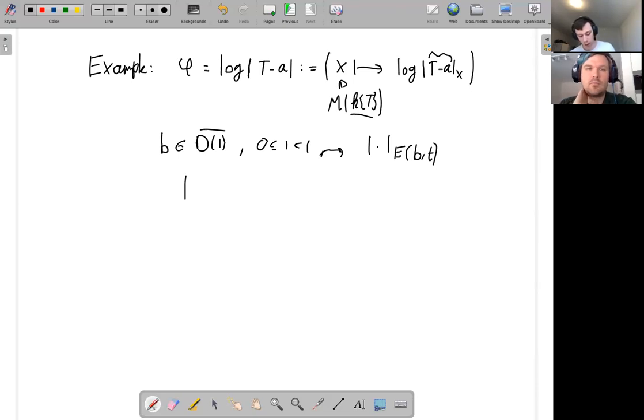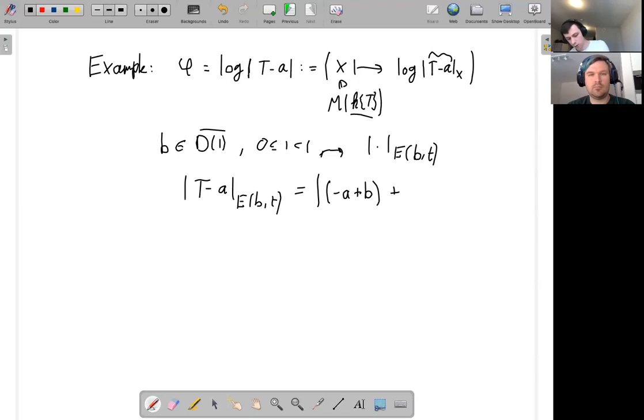So let's think about this expression. Now it's easy to see that, if you follow the definition, this is the norm. Right, so this is how the norm worked.